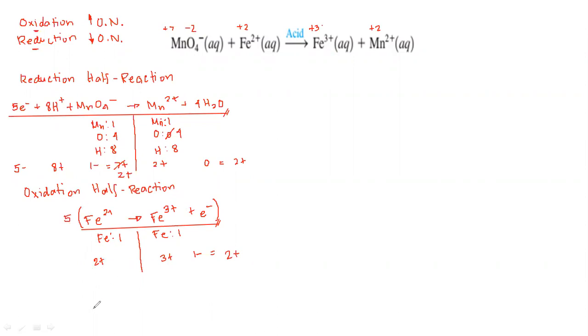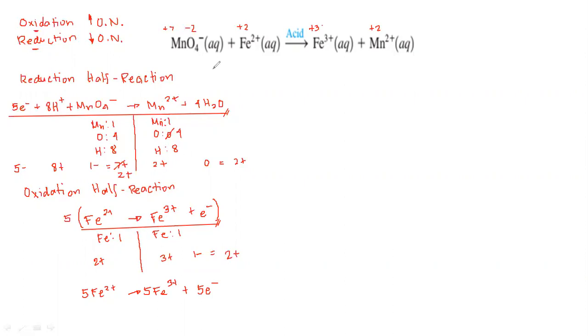So now, our oxidation half reaction is 5 Fe2+ arrow 5 Fe3+ plus 5 electrons. We're just going to multiply or distribute the integer to all elements in this half reaction.